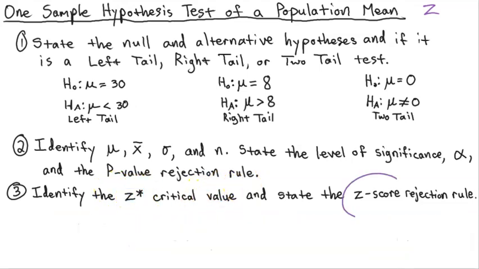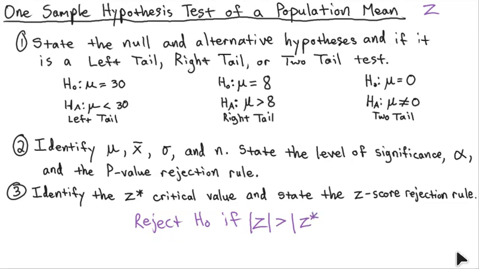And I almost forgot the last part here, the z-score rejection rule. So what we're going to write after we identify the critical value is: reject H sub 0 if the absolute value of z, we're going to write this letter but without the star, because that's the test statistic that we'll calculate in step 4, is greater than the absolute value of z critical.